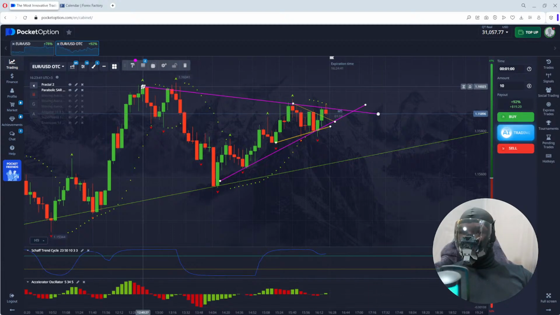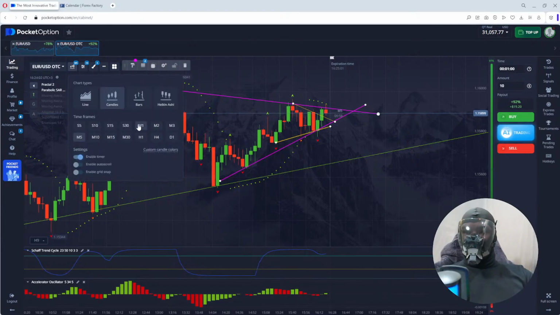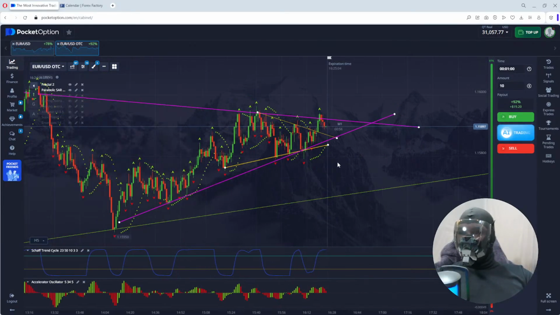Now all we have to do is wait for approximately 1, 2, 3, 4. These are 5-minute candles, so we might need to wait for like 20 minutes. But once there is a breakout, chances are we're going to catch a trend. We might actually ride a wave for quite some time, for 15, 20 minutes.